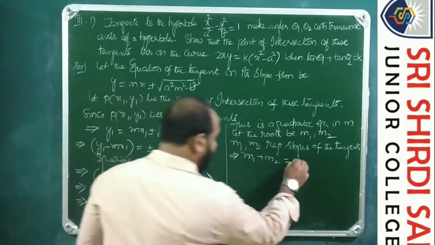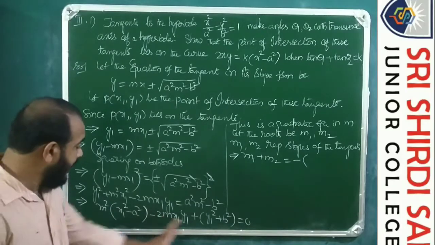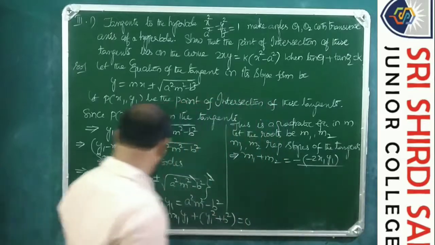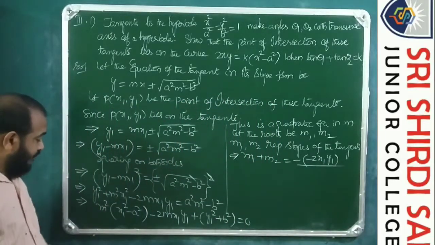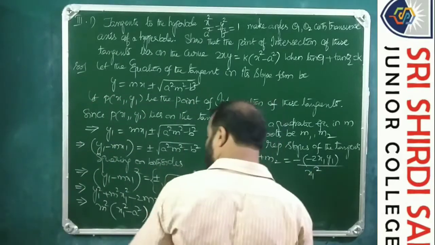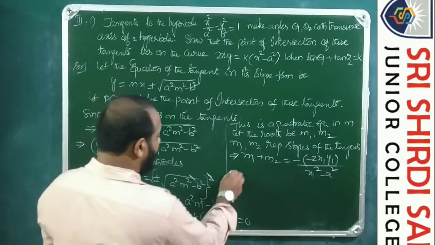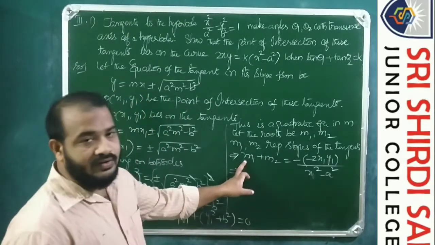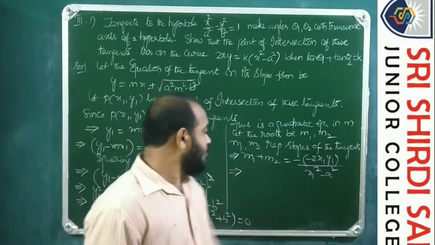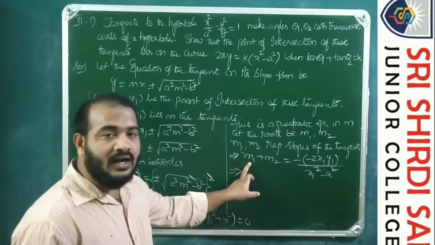So minus b means the coefficient of m, minus 2 x1 y1 with a sign change, and a means the coefficient of m square, x1 square minus a square. What is m1? m1 is the slope of the tangent, m equals tan theta, the tan of the inclination.